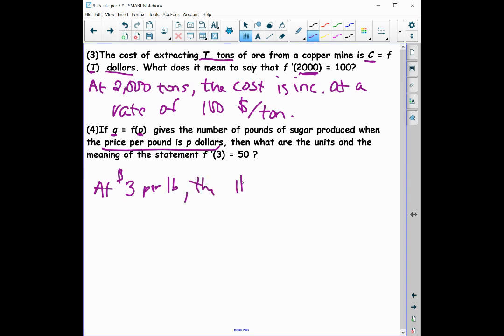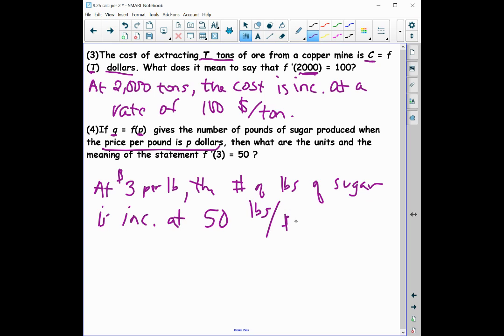The number of pounds of sugar, because that's my function, is increasing at 50 pounds per dollar per pound.